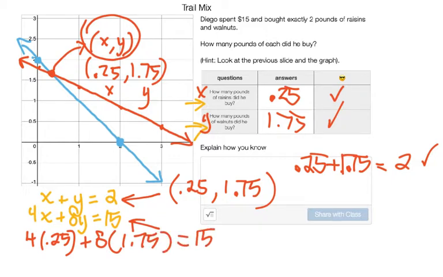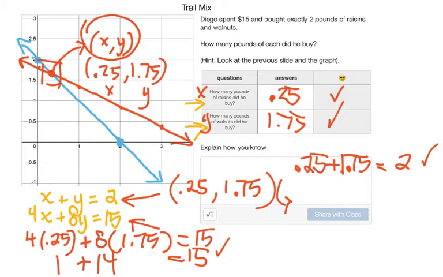So I'm going to use a calculator. 4 times 0.25 is 1, plus 8 times 1.75, that's 14. Therefore, that is equal to 15. Bingo. So that means that this point of intersection is a solution for both equations.